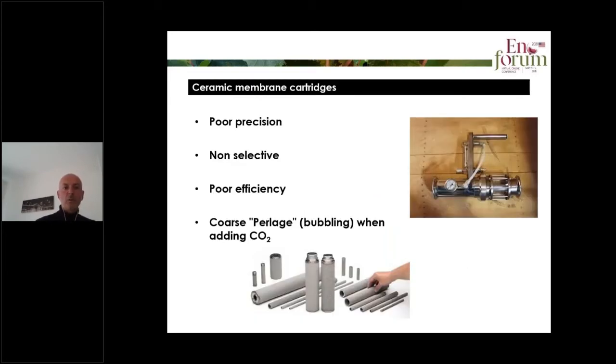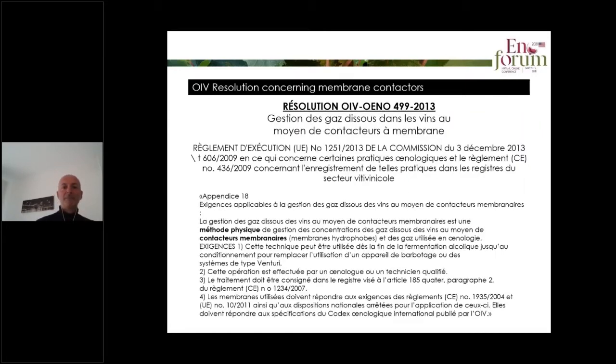The problem with ceramic membrane cartridges is that the precision is quite poor. They are non-selective, so there is potential stripping of positive aromas. The efficiency is quite poor, and if we use them to add CO2, the perlage, the bubbling, is quite coarse, so the bubbles are not fine.